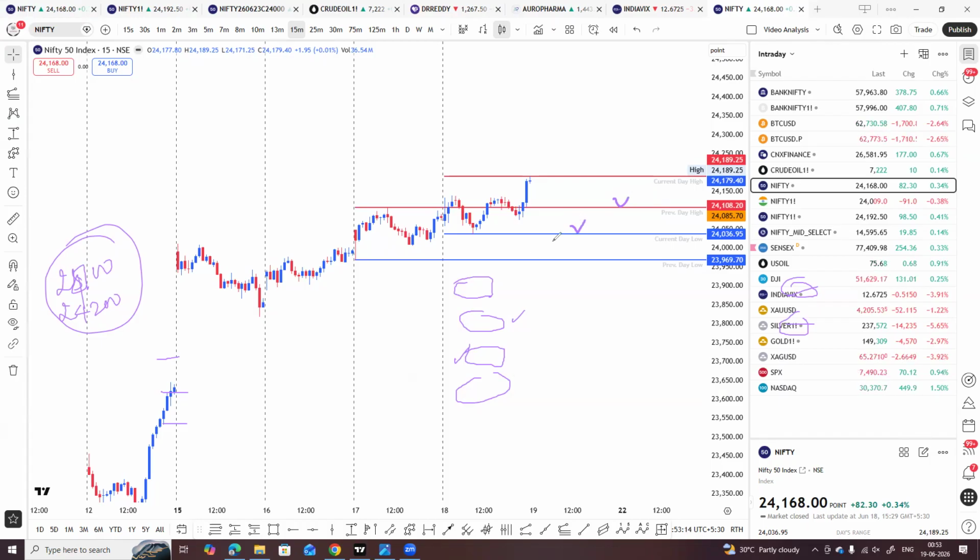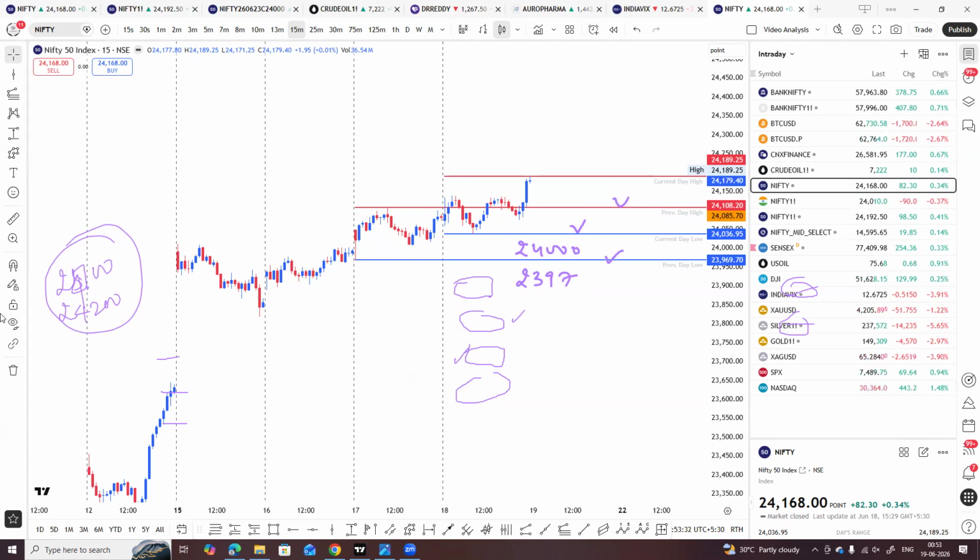And also if these two break, then 24,000 or 23,970, because this is the previous day low, are going to act as key supports.